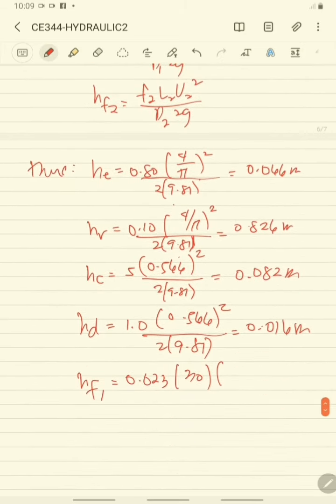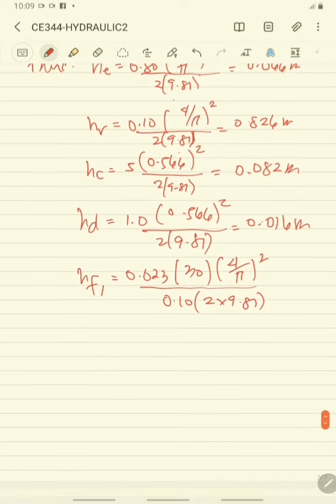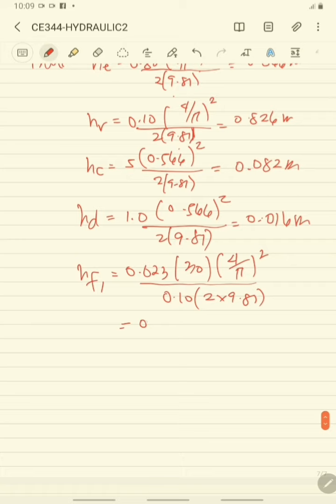D, that is 0.1, times 2 times 9.81. So you have 0.57.